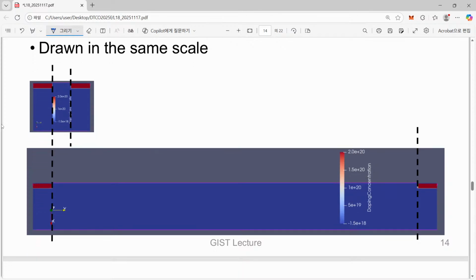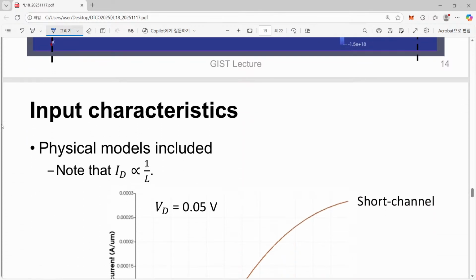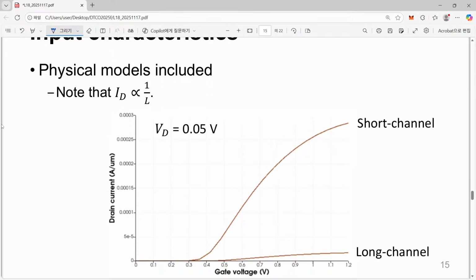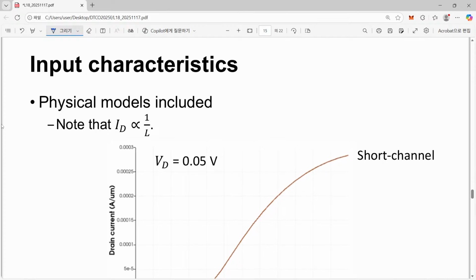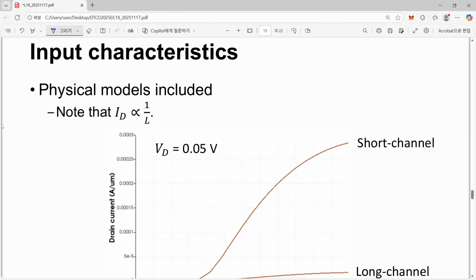And now let's try to see the input characteristics. Please reuse your input file. I think that when you correctly change your structure file, then you can reuse just the biasing conditions without any modification.